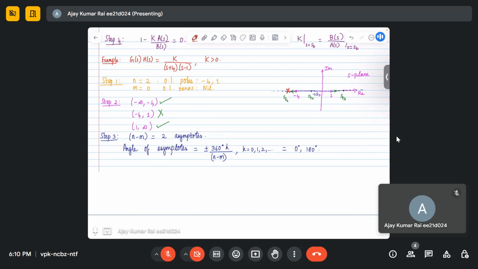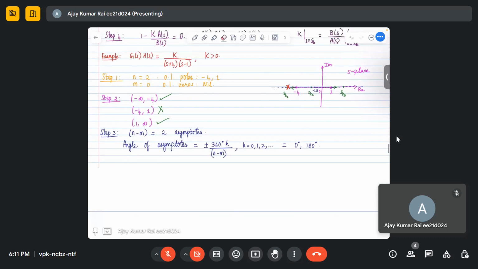In the previous case we were looking at the right of that particular test point, and if we had an odd number of open loop poles and zeros lying on the negative axis, then we would say root locus exists at that point, okay. But in this case it is an even number of open loop poles and zeros, okay. So this is the change. Now you have to consider the even number of poles and zeros, okay. So this is one change.